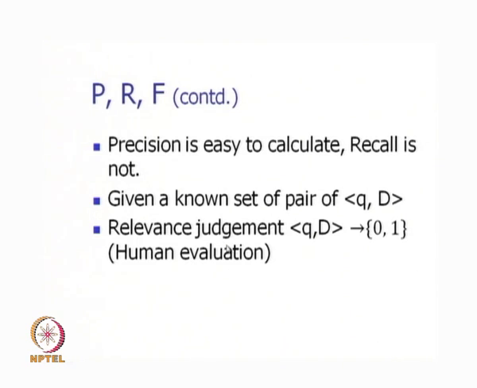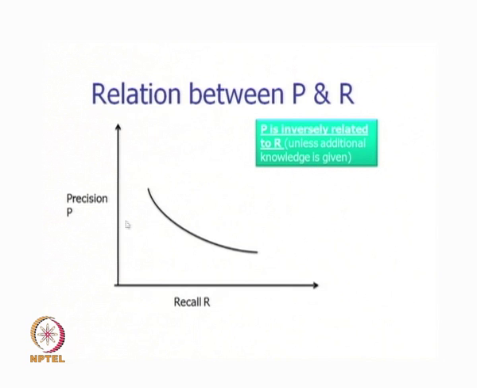Human beings sit down with a query and launch searches, and whichever documents are retrieved, they read them, and if they see that the document is relevant to the query, they produce a mark 1 along with the query and the document. This is the way a pool of relevance judgments is created.